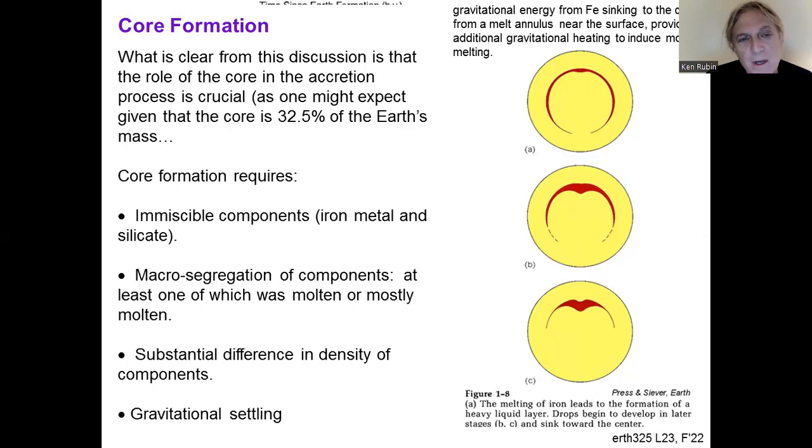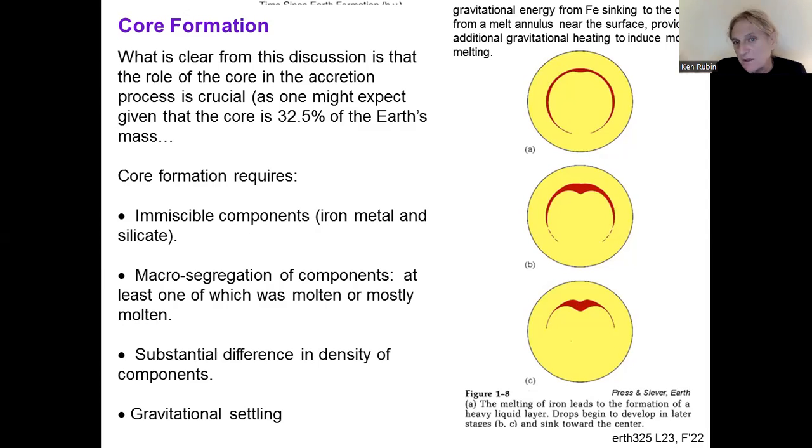But when the core forms, and this may have happened in one stage or multiple stages, we feel like the silicate material that had been present in chondrites melts, heats up, and segregates out iron-rich material, and that's the genesis of the silicate Earth and the metallic Earth.